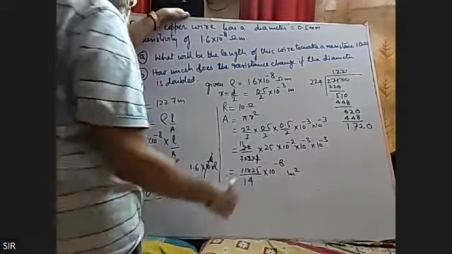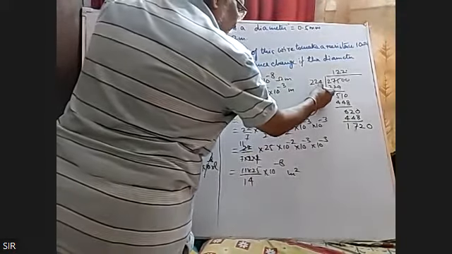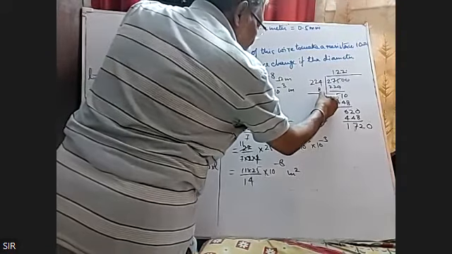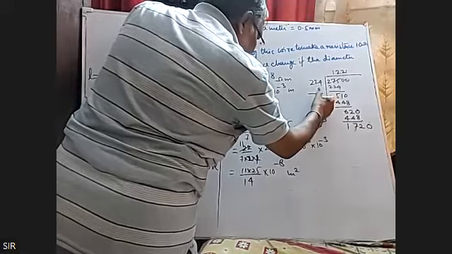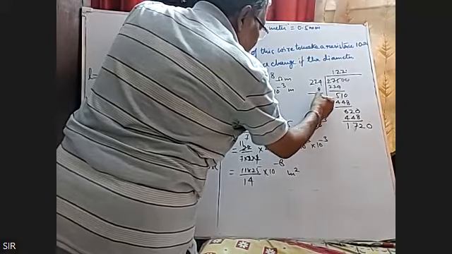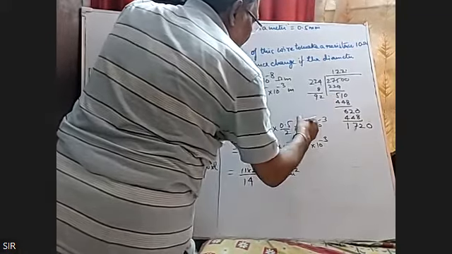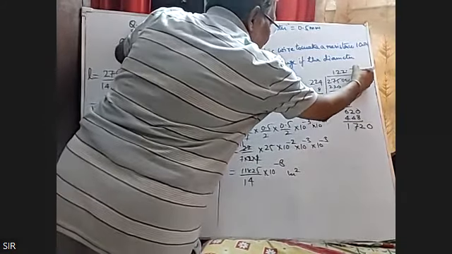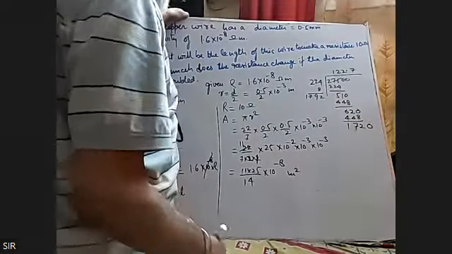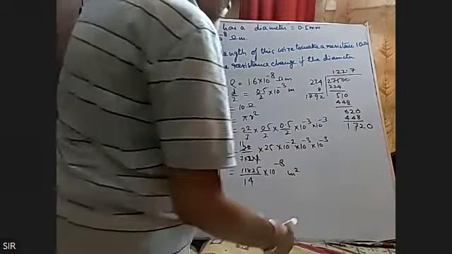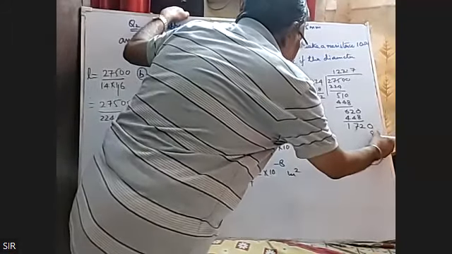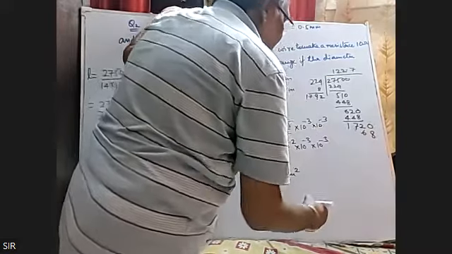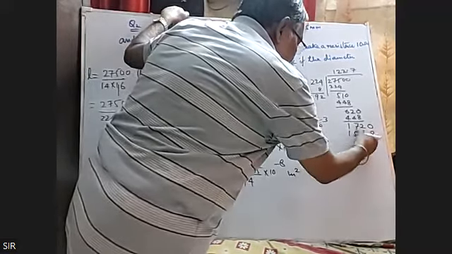Now, if I multiply it by 8, what will happen? 8 4s are 32, 8 2s are 16 and 3, 19. So it will become 1792. So I can go for 7 only. 7 4s are 28. 7 2s are 14 and 2, 16. 7 2s are 14 and 1, 15.